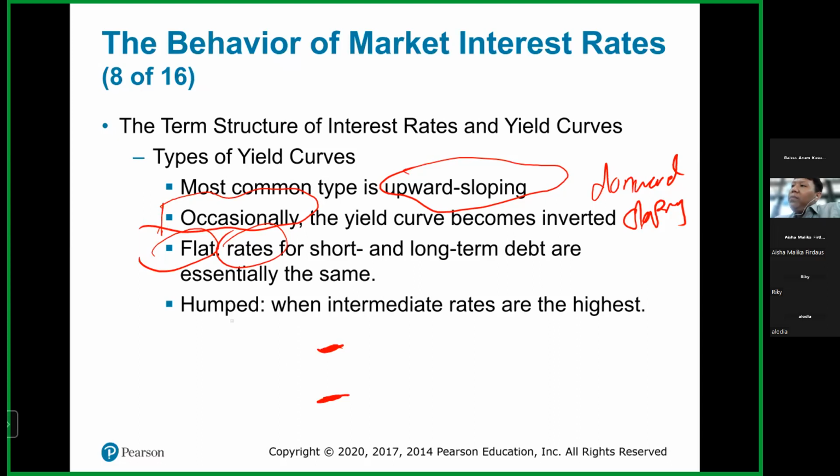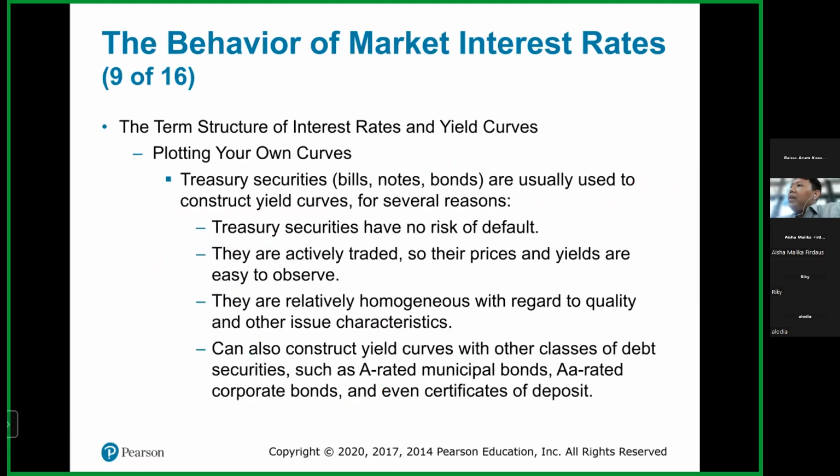And the last shape we have is the hump shape. This is when intermediate rates are the highest. So when we have bonds with intermediate maturity, and the rates are the highest compared to the short-term and long-term bond maturities, we will see a humped shape. A hump shape probably looks like this.